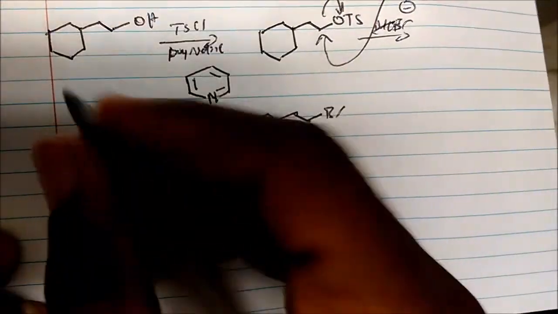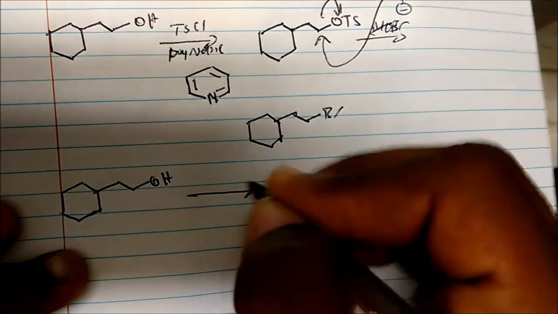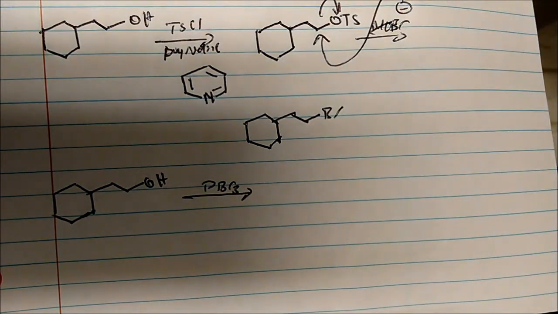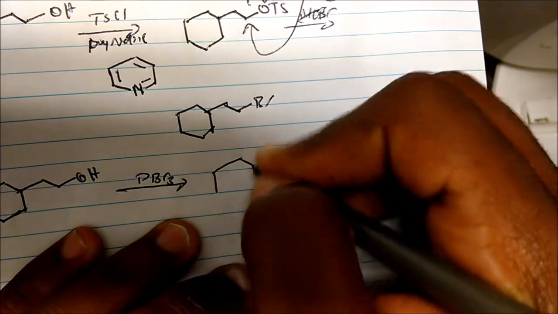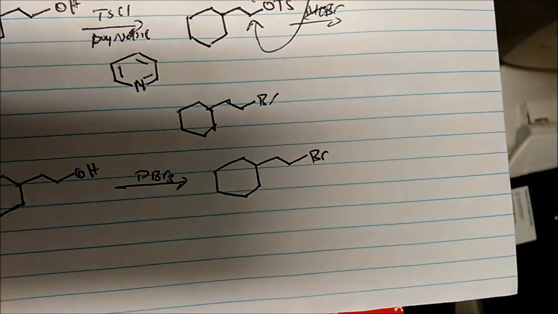Now there's a special reagent. It's kind of hard to deal with though, but there's a special reagent, and you'll see it abbreviated as PBr3. What this does is that it actually just replaces your alcohol, and you get your bromine.